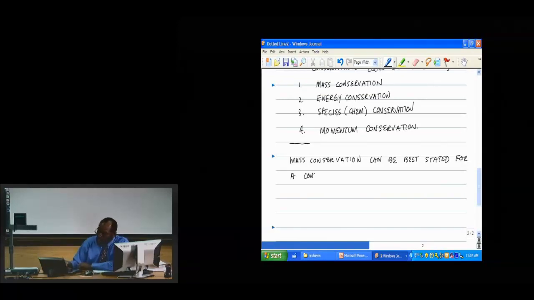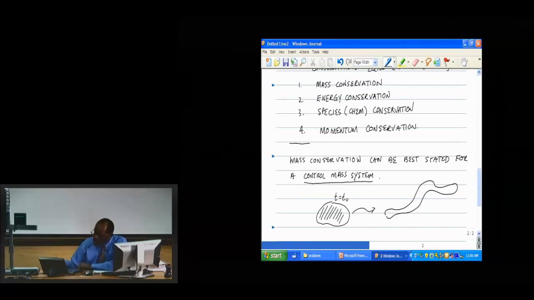So if we are focused on all the identifiable pieces of matter in some configuration, then this is what we call a control mass system. And so we've tagged all the different elements of this. So we have, say, some tagged element of material, again at t equal to t0, that deforms because of flow or otherwise.